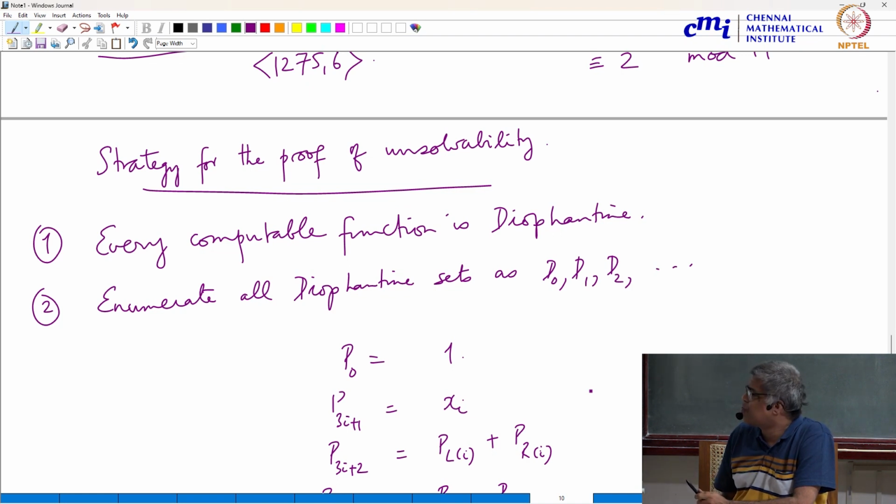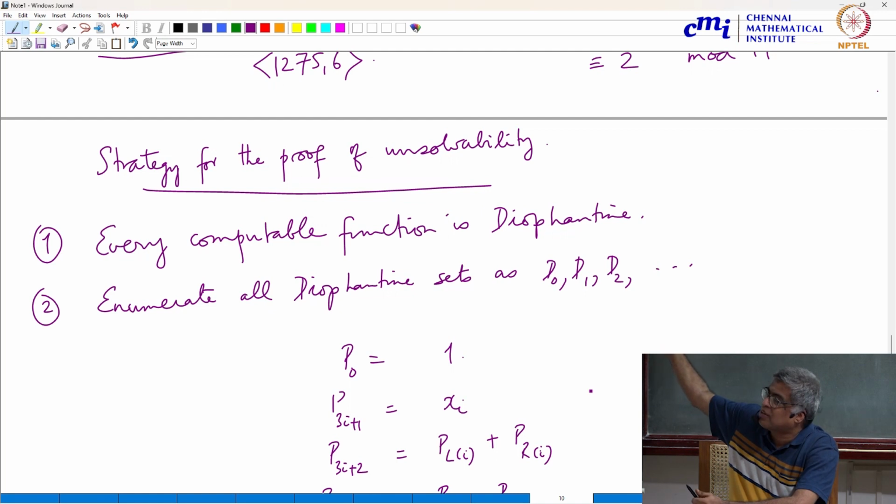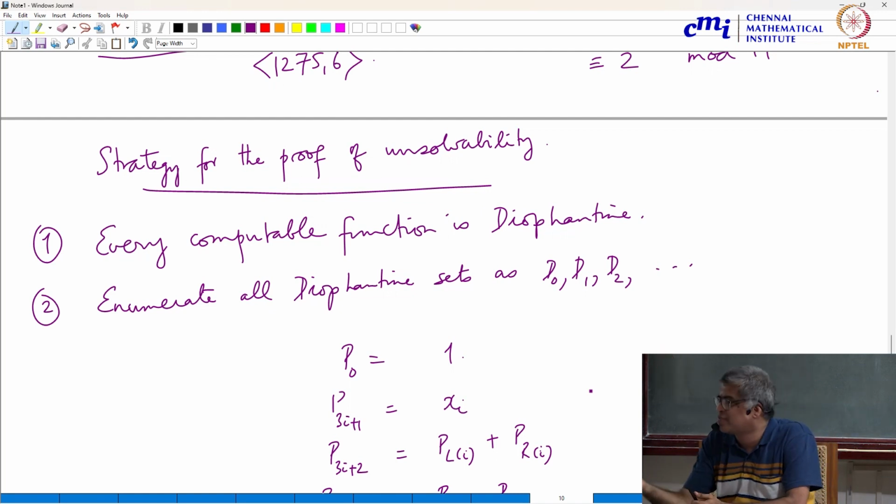You can say there exists such a function, but you need to display such a function. In this case, the simplest way to show that there is such a function is to display some equations.